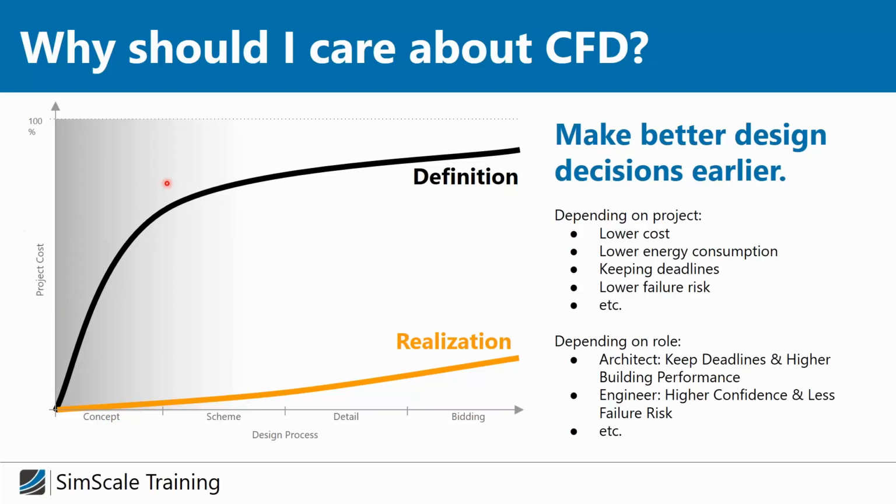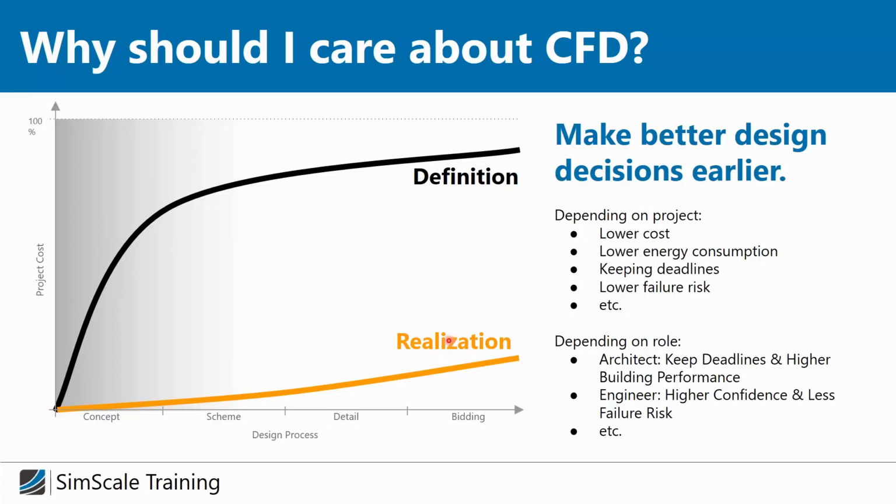When you start to work on a new project, the very first thing you do is creating a plan, calculating the budget, and related stuff. And if you think, on the other hand, about how product development is realized in the end of the day, the project costs are at the beginning very low, and most of the money or resources are invested at the end of the design process.